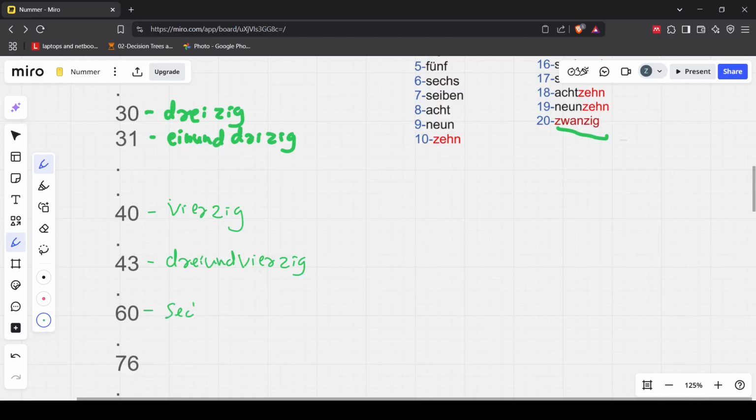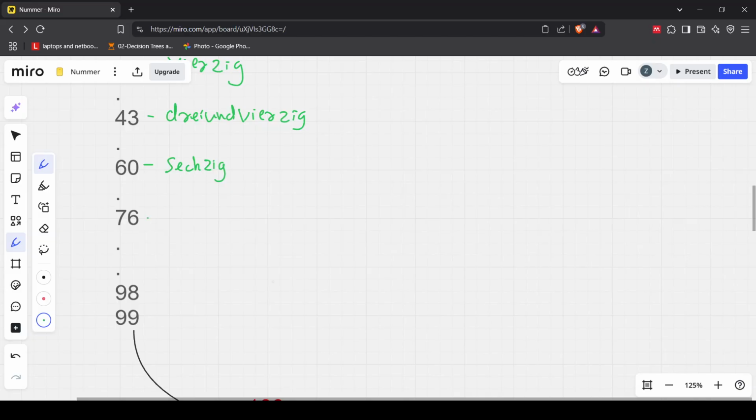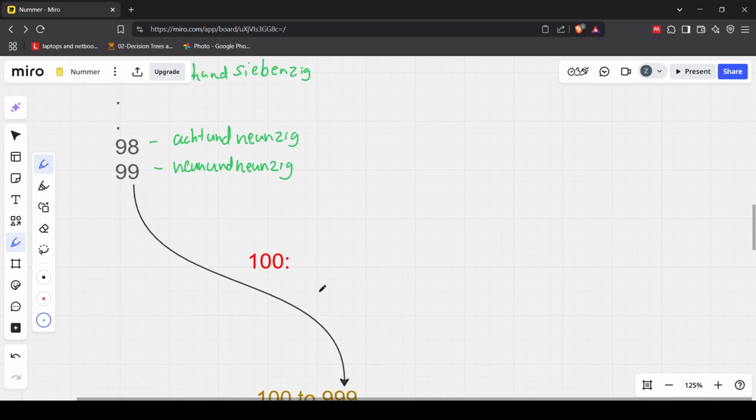And this is fünfzig, sechzig, siebzig, achtzig, and the last number, neunzig. Then neun und neunzig. Yeah, that's the last two-digit number.